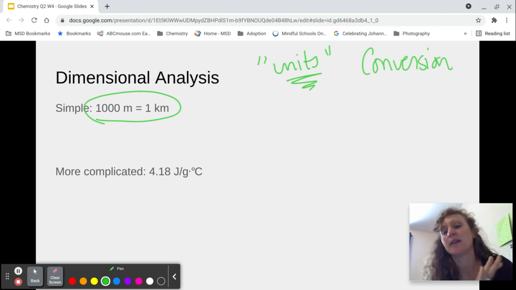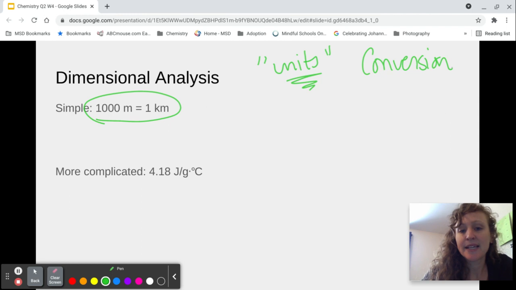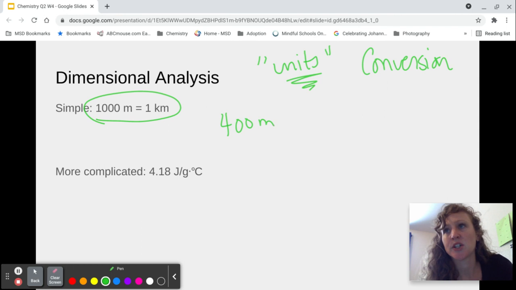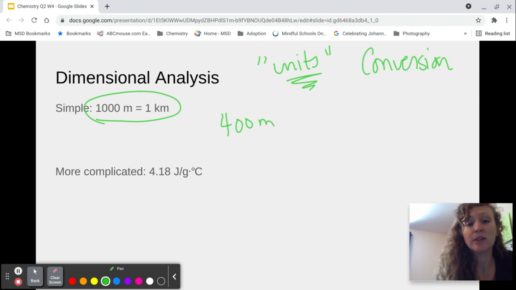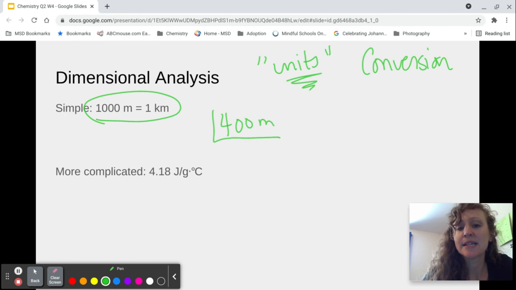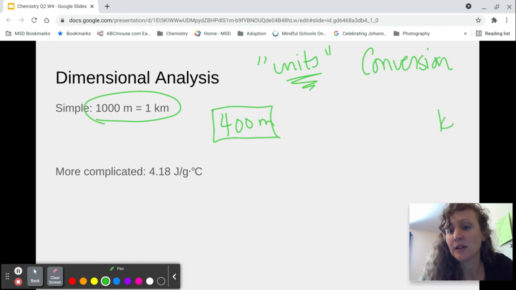We're going to have some distance. Let's say we're looking at a track, a high school track, which is 400 meters all the way around. But we don't want to talk about the track in terms of meters. We want to talk about the track in terms of kilometers. So what is this amount in kilometers? That would be our question.